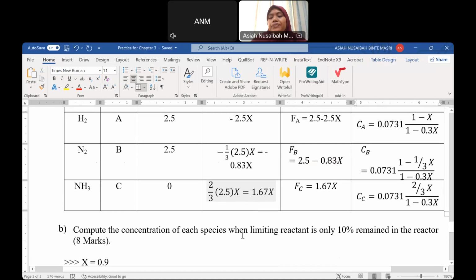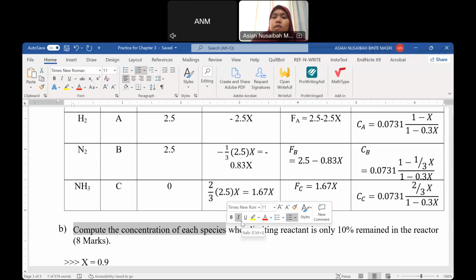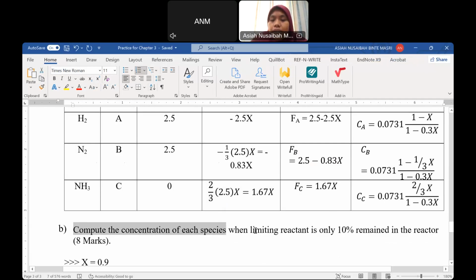Let's go to question B. Question B, compute the concentration of each species. Find what is Ca, what is Cb, what is Cc. That's what they ask, when the limiting reactant is only 10% remaining, which means X is equal to 0.9. Why? Because 10% remain, 90% reacted.